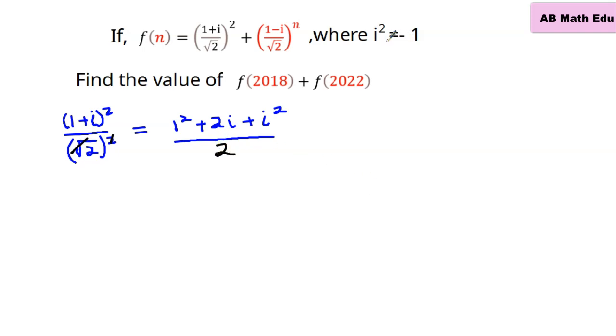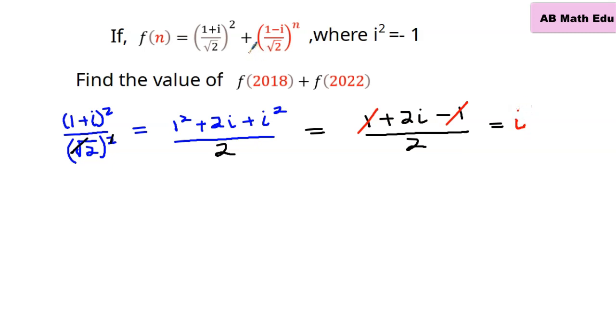But we have to know that i squared is equal to -1. It gives us (1 plus 2i minus 1) all divided by 2. The 1 and the minus 1 go away, and then 2 divided by 2 is 1. So here we will get i.